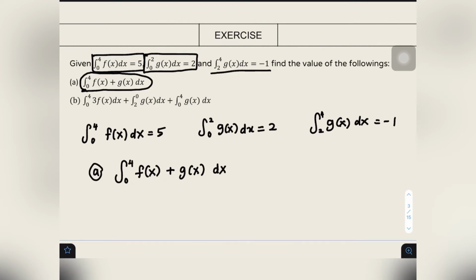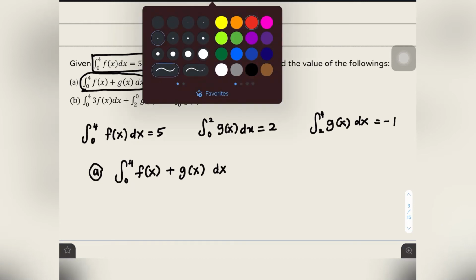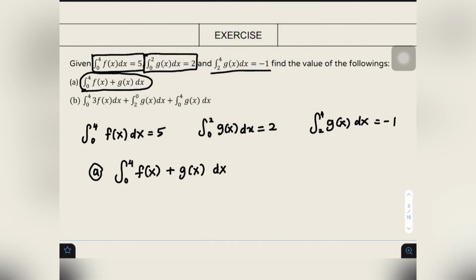The property that we can use is that two different functions separated by the positive sign can be separated by giving them each their own integral. So what we have here is the integral from 0 to 4 of f(x) with respect to x plus the integral from 0 to 4 of g(x) with respect to x. You want to find the value.